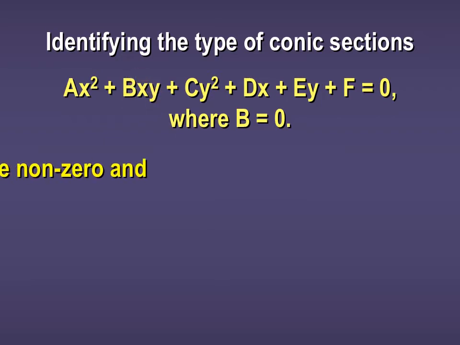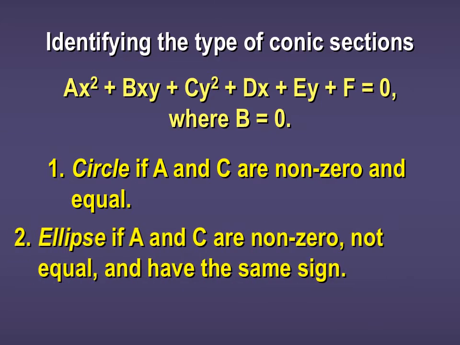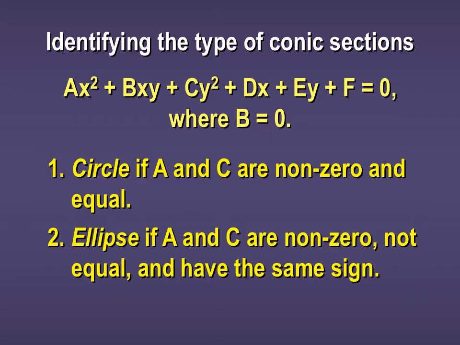If a and c, the number in front of x squared and the number in front of y squared, are non-zero and the same number, you have a circle, okay? If a and c are non-zero, they're not equal, and they have the same sign, it's an ellipse.